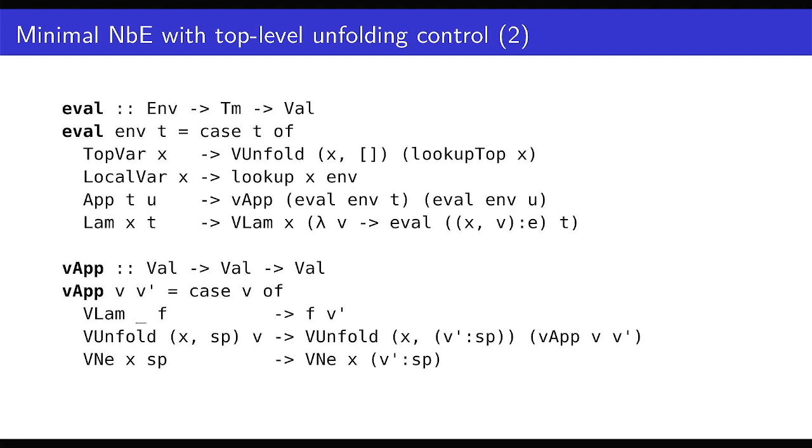And so the interesting part here is this value application, because, okay, so I'm trying to apply a value to a value. If the value is actually a lambda, I just call the function closure. If it is an unfolding, I just return a new unfolding such that I perform the application on both branches of this unfolding decision. On one side, I just extend the spine with the argument.